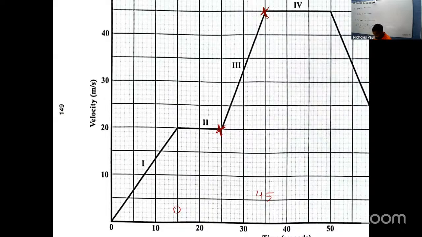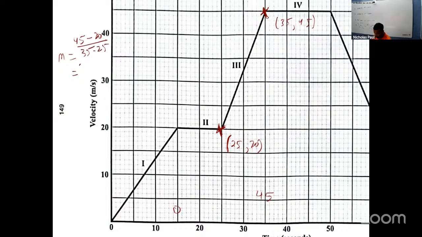Right, so let's see what you got for gradient. If I read off underneath here, I am getting 25, 20. If I read off on top here, that is 35, 45. So the gradient is equal to 45 minus 20 all over 35 minus 20.